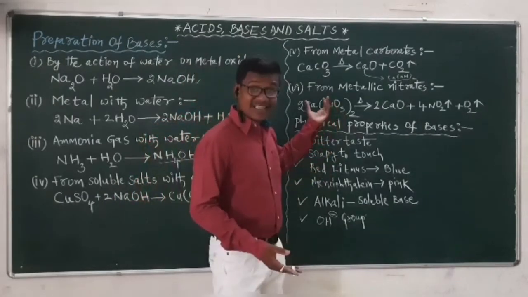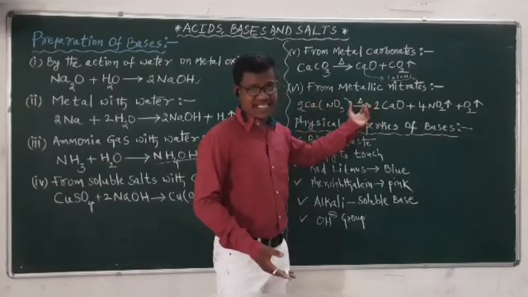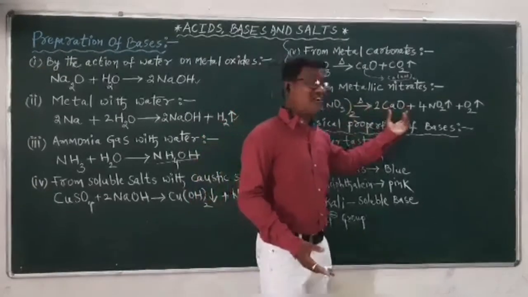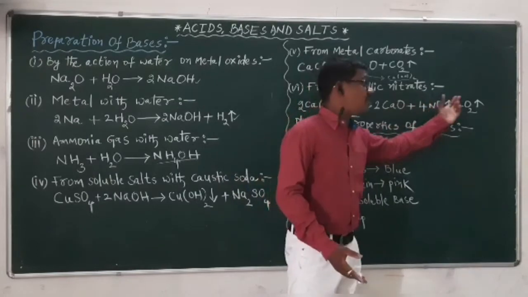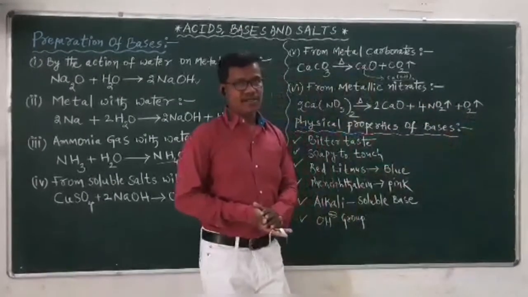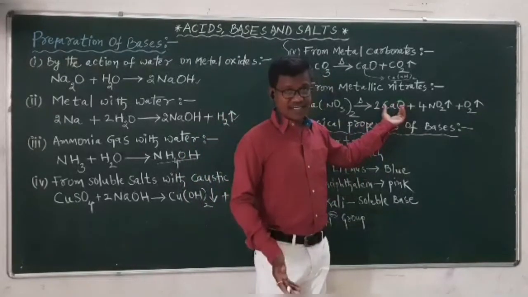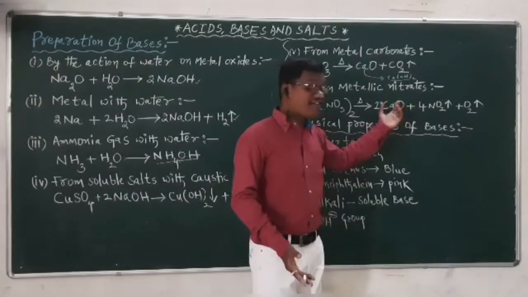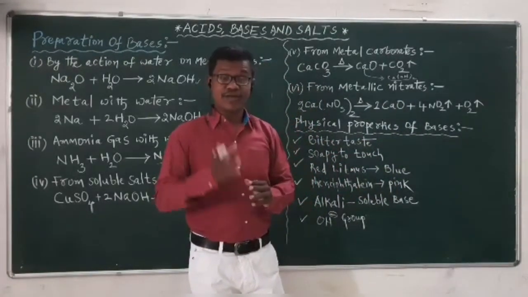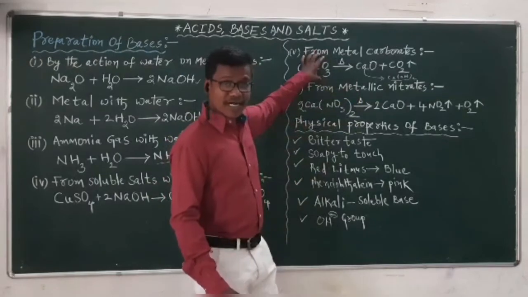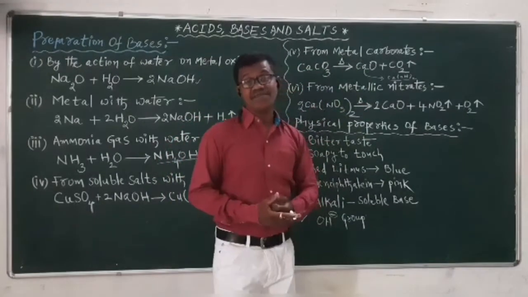So when the calcium nitrate is decomposed by heating, you will get calcium oxide, a metallic oxide, and nitrogen dioxide gas, oxygen gas. So if we take this calcium oxide, you can call it a metallic oxide also, that can react with water and produce bases. So indirectly the metal carbonates are giving bases and metal nitrates are also giving bases.